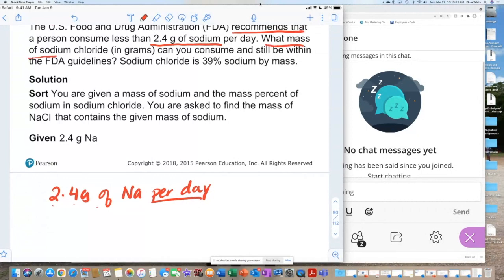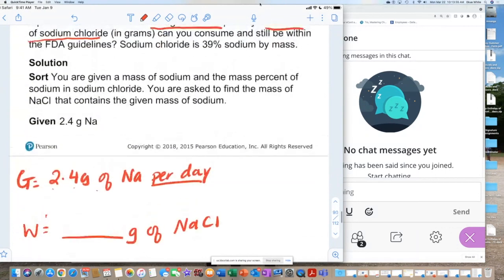What mass of sodium chloride? Ooh, okay. This is given, and my wanted is grams of sodium chloride. So before I continue reading, I'm like, wait a minute. Sodium is in sodium chloride, but sodium is only part of sodium chloride. So the grams of sodium they gave me here is the grams of the part.